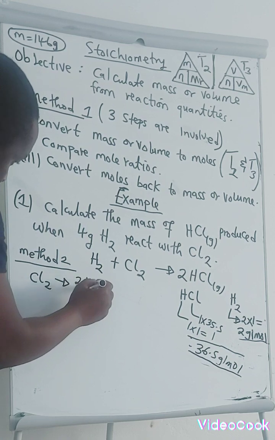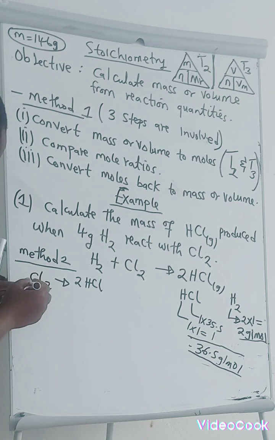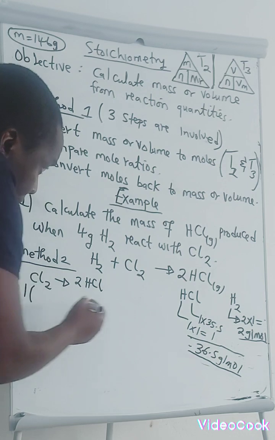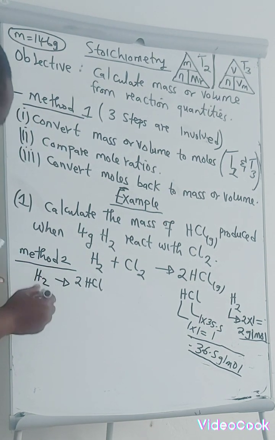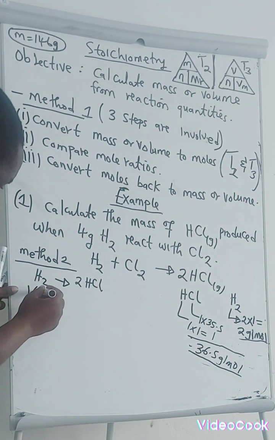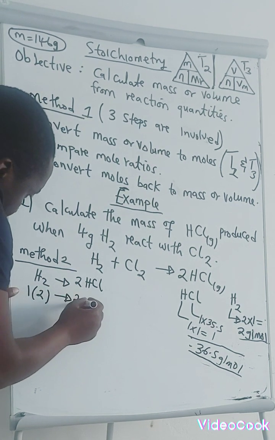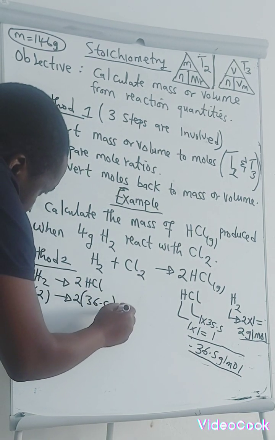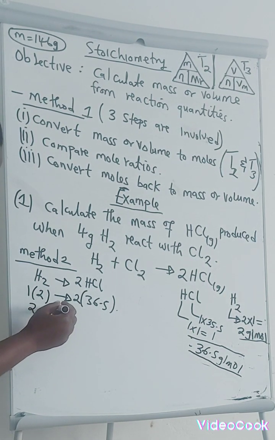The molecular mass of hydrogen is 1 multiplied by 2, then for hydrogen chloride it is 36.5.